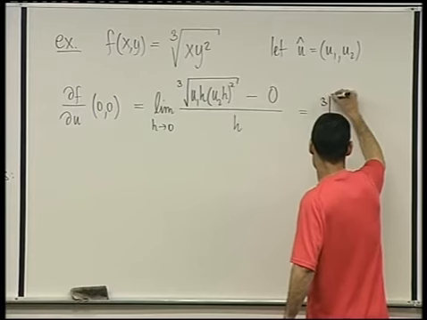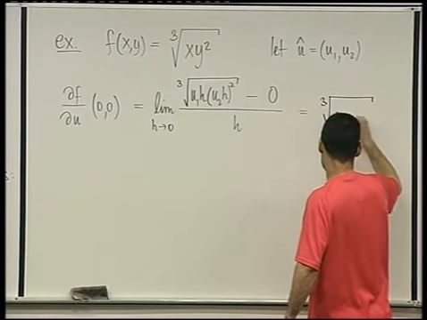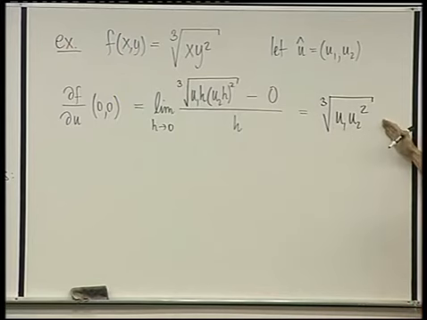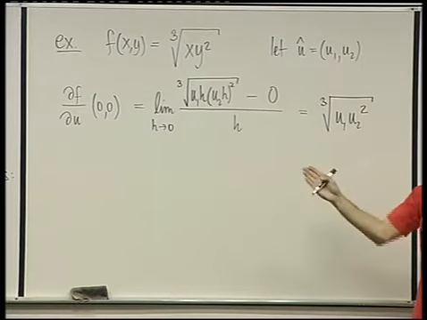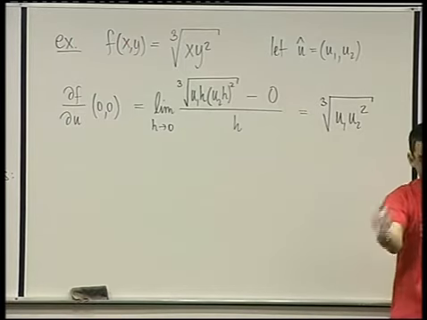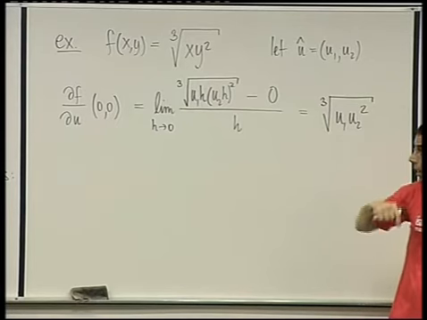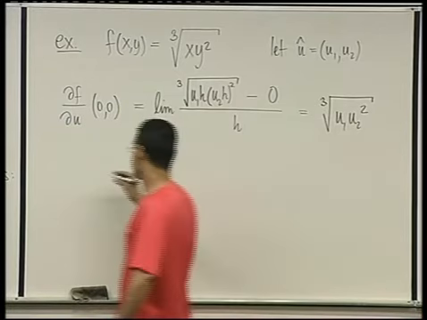So the limit is the cubic root of u1 u2 squared. This is the value of the directional derivative in the direction u. And this is true for any direction at the origin. We're checking what the slopes are at the origin. Okay, clear? Everybody?